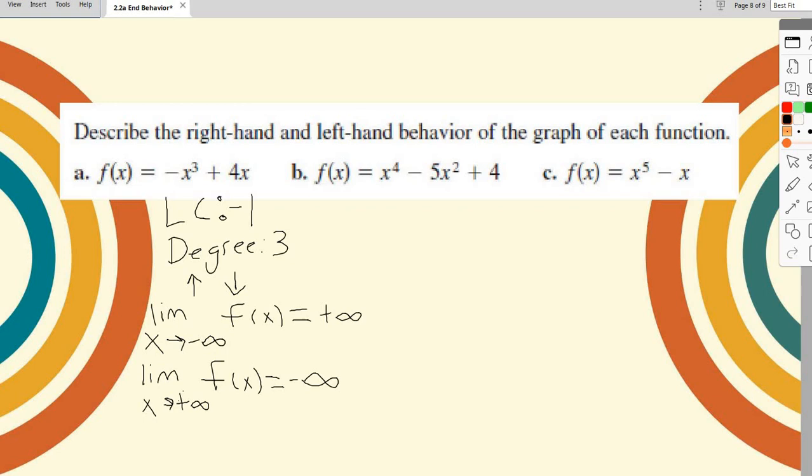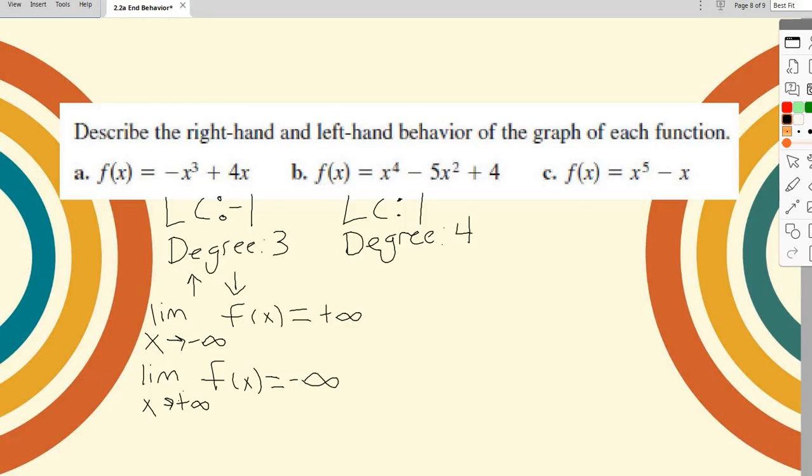Sure. So on this next one, our leading coefficient is just what? It's 1. Okay. Our degree is what? 4. Which means that if we're even, what do our ends have to do? Be the same. And if it's positive, they're both going to point up.